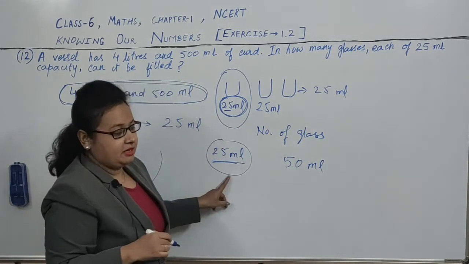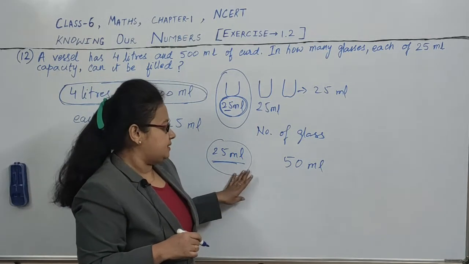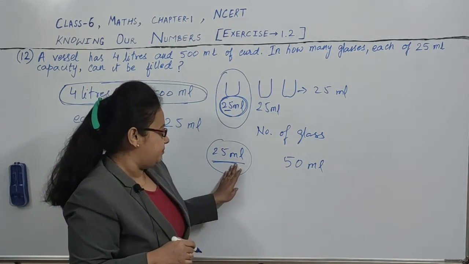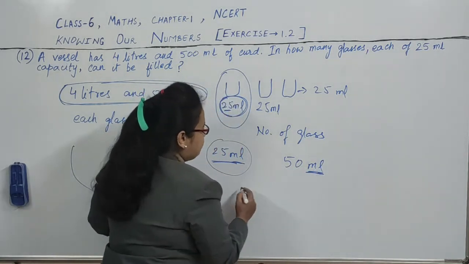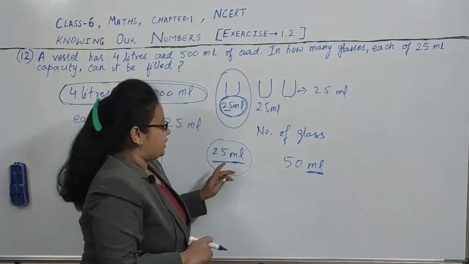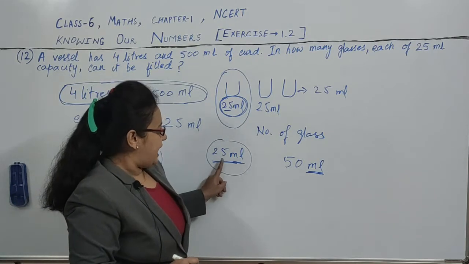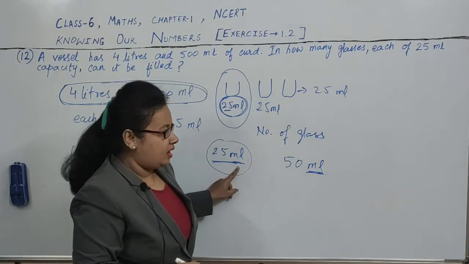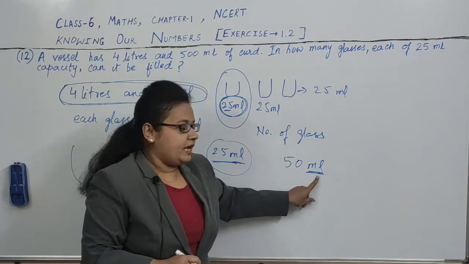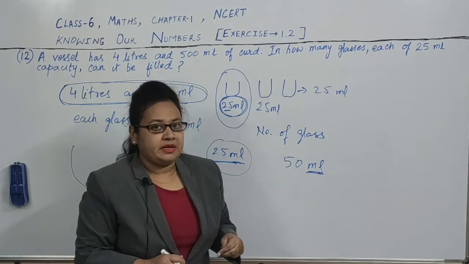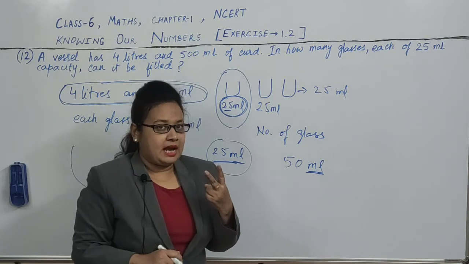This example I am giving you with small numbers. This curd is in milliliter, and this is also in milliliter. So if one glass can contain 25 ml of curd and the total curd is 50 ml, then how many glasses will it need? It will need 2 glasses.